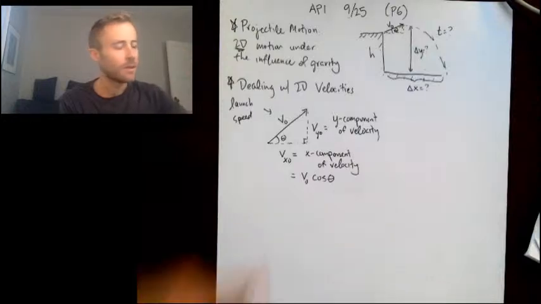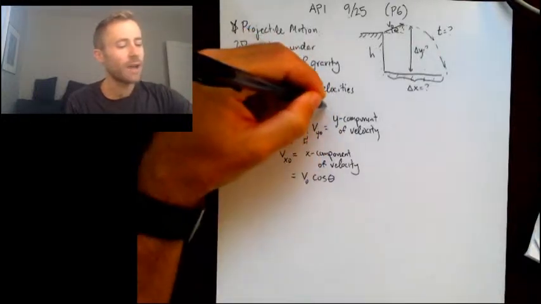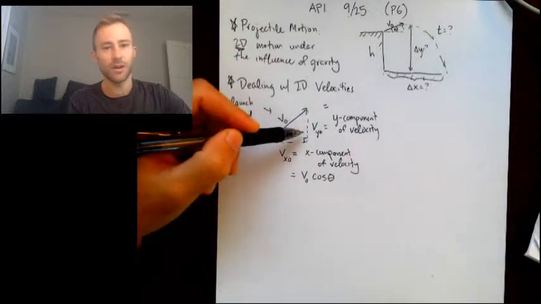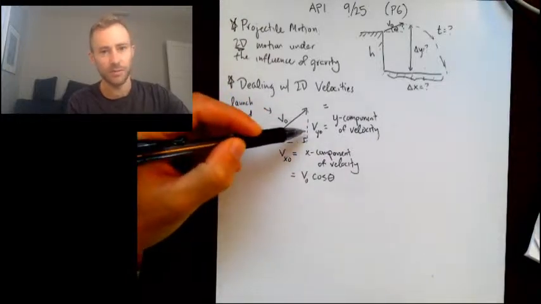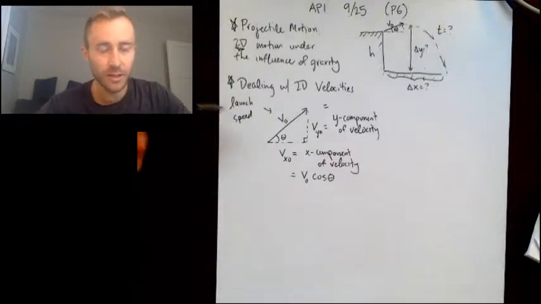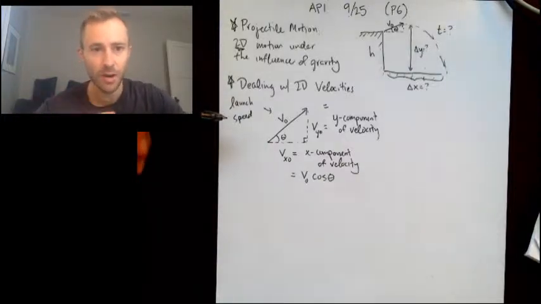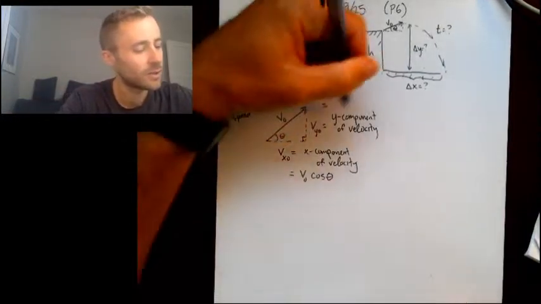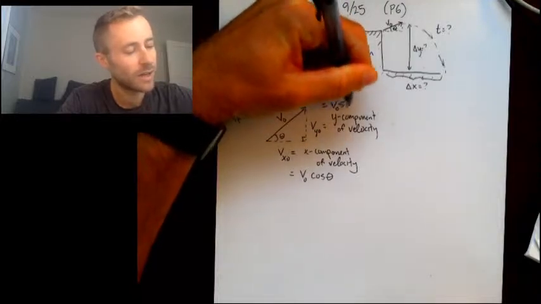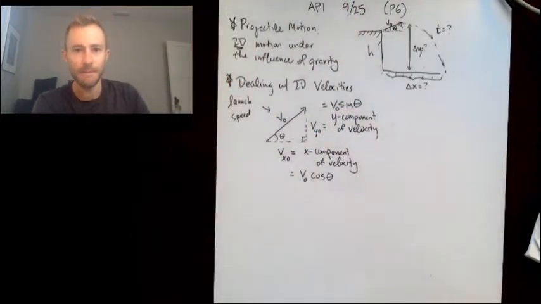The y component of the velocity, the vertical leg of this triangle, is opposite the angle. The trig function with opposite in it is sine. Sine is opposite over hypotenuse. So that means that the y component is v naught sine of theta.